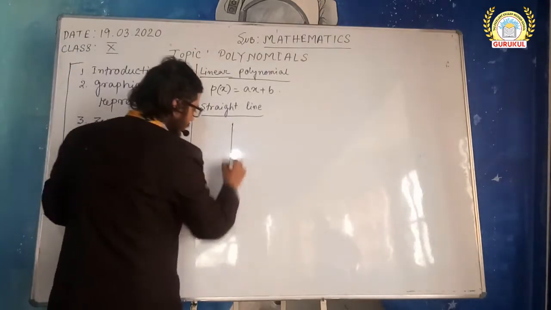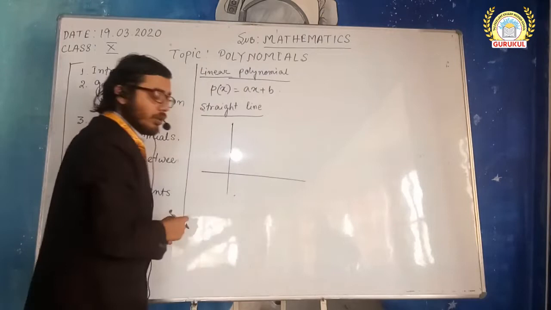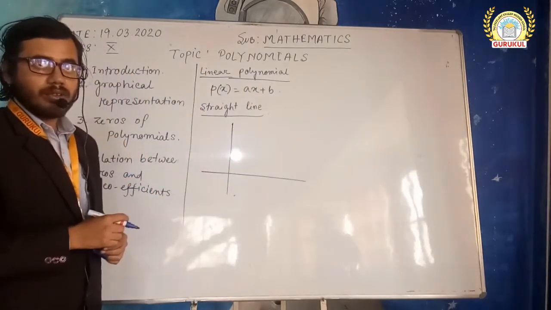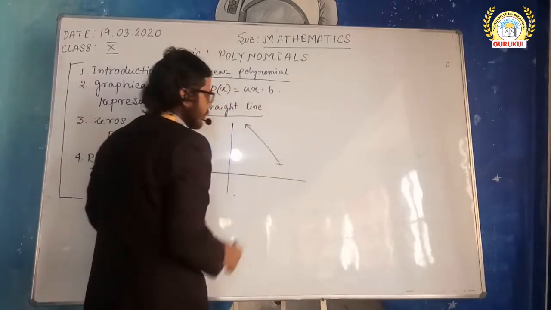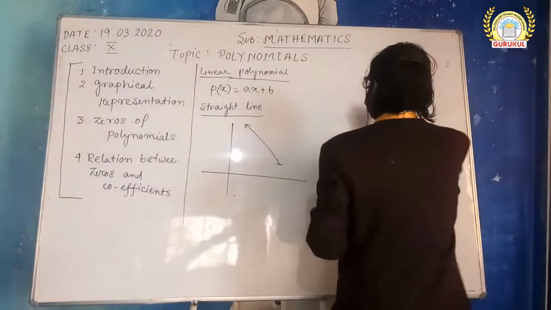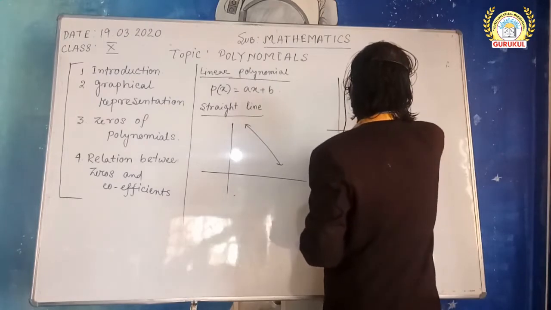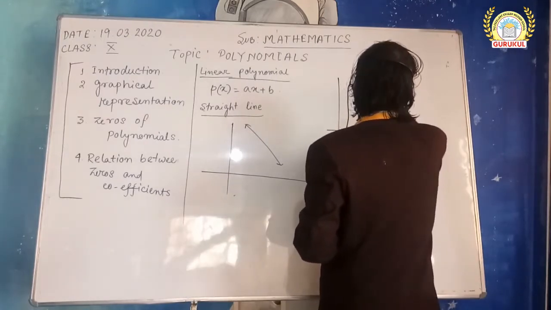Now think about it. I am going to draw one particular straight line. Suppose like this. Like this.